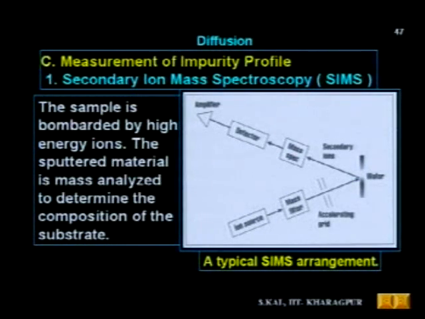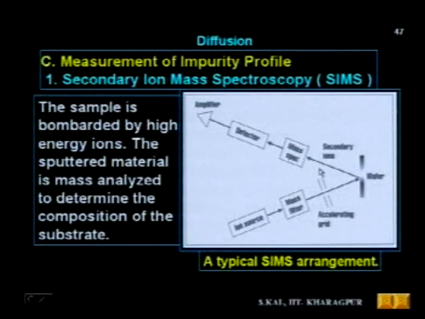What is done here, you see, the sample is kept here, this is a wafer, this is a sample, and an ion source and mass filter are used. From the ion source, ions are ejected and those ions pass through the mass filter.